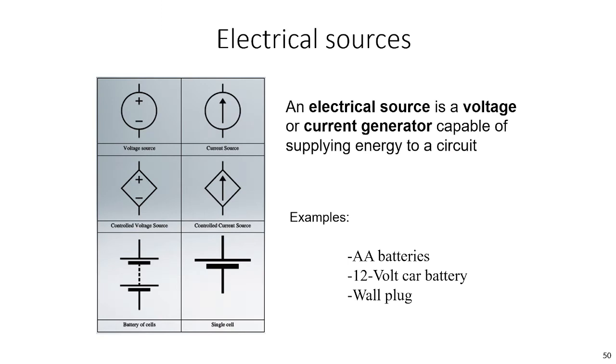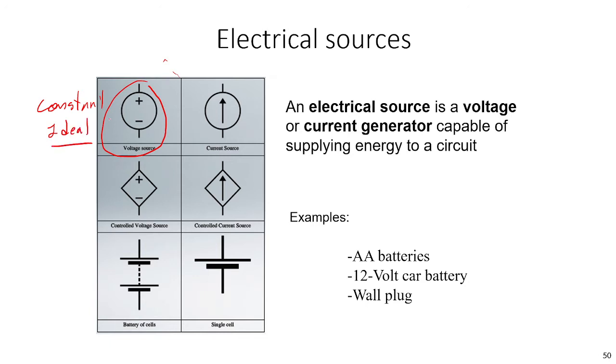For electrical sources, we have many types, but mostly we talk about the ideal source. An ideal source means, for example, the constant voltage source here. We call this a constant source, ideal.